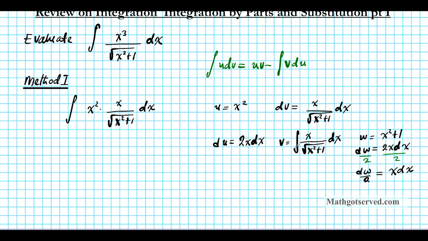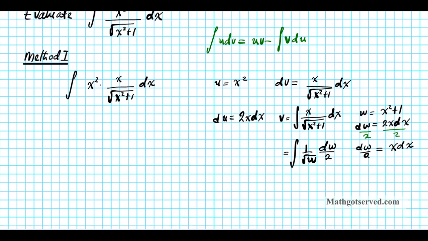We're still trying to figure out what v is. We have to evaluate this integral to figure out what v is. So we're going to have the integral of this piece, 1 over the square root of x squared plus 1, which can be written as 1 over the square root of w this time. And then our x dx becomes dw over 2.